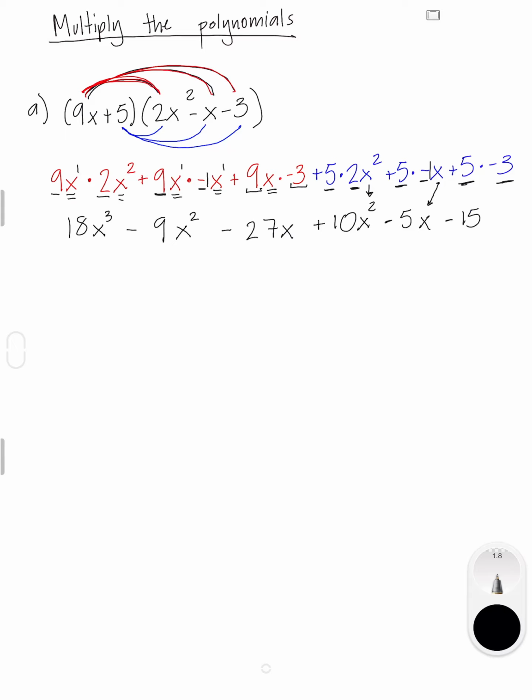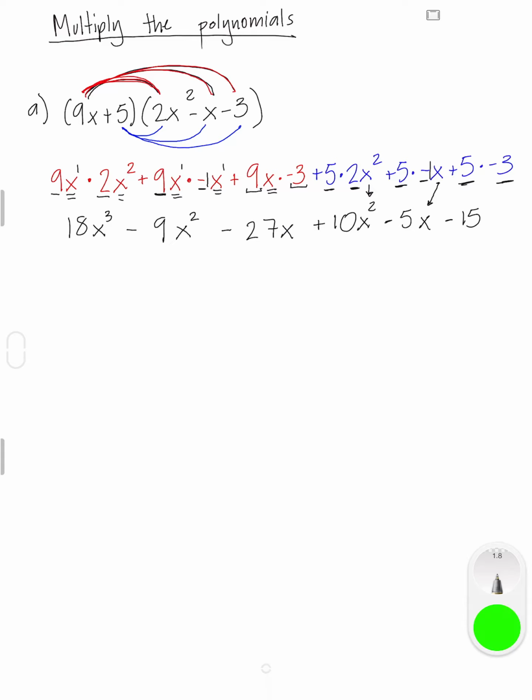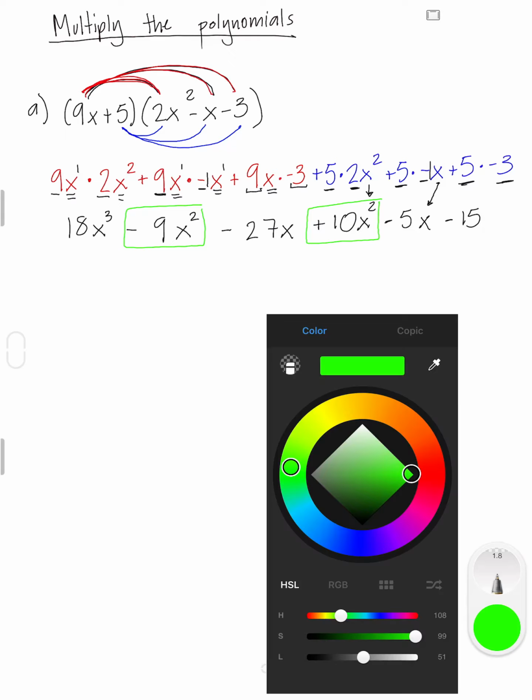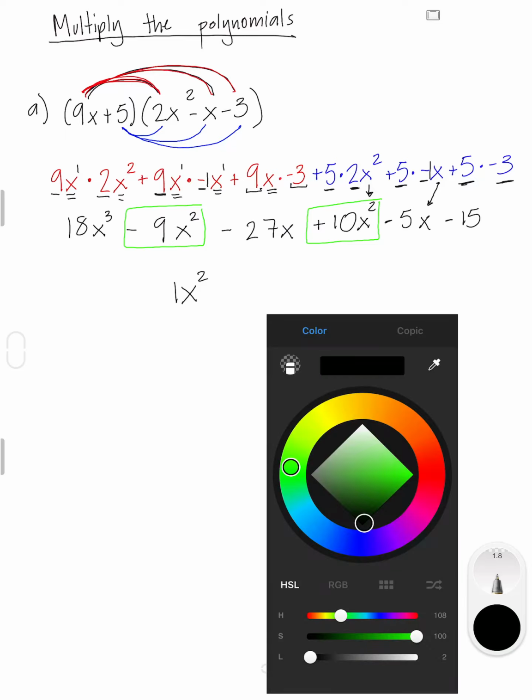Now what we want to do is simplify. Simplifying means to find the like terms. So I can see that I have a negative 9x squared, and then I have a 10x squared, right? So I can combine those two, and that will become negative 9 plus 10, it's 1, so 1x squared.